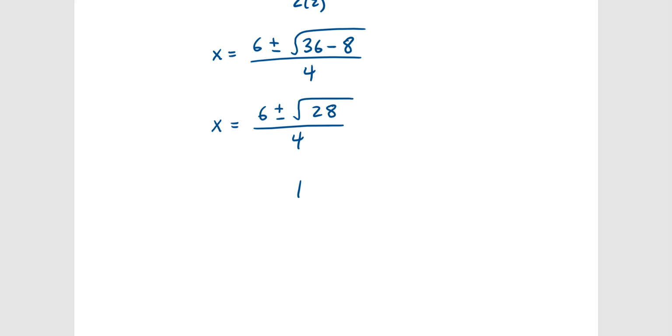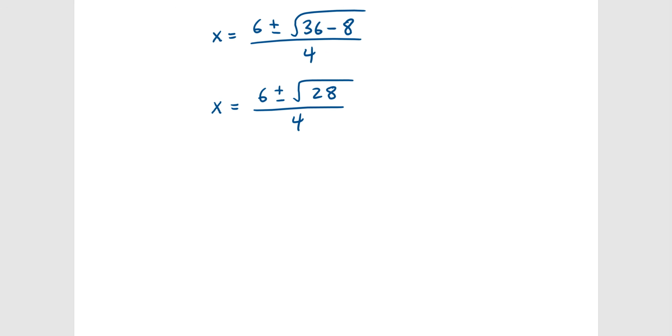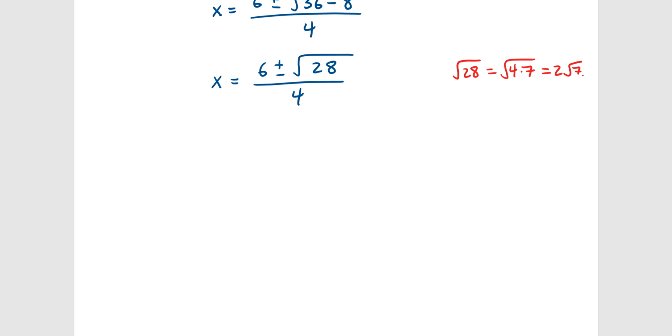So the square root of 28, 28 is not a perfect square, but we can simplify it. The square root of 28 we can rewrite as the square root of 4 times 7, which is the square root of 4, which is 2, times the square root of 7. So we can rewrite it like that.